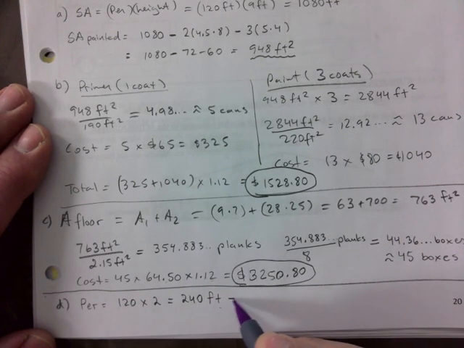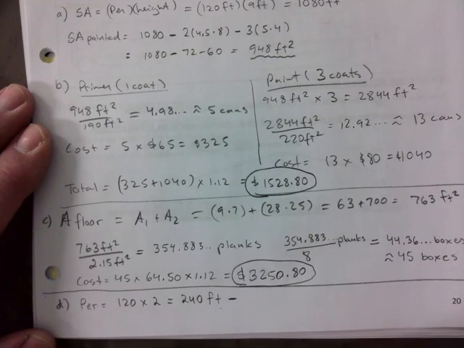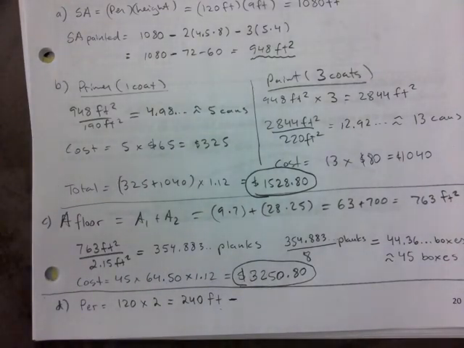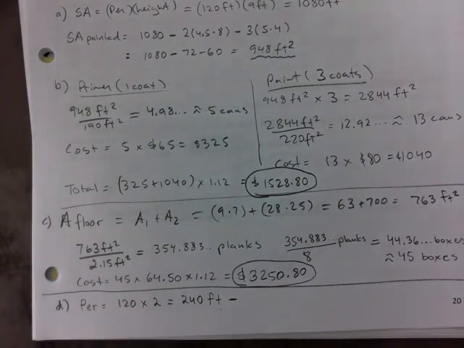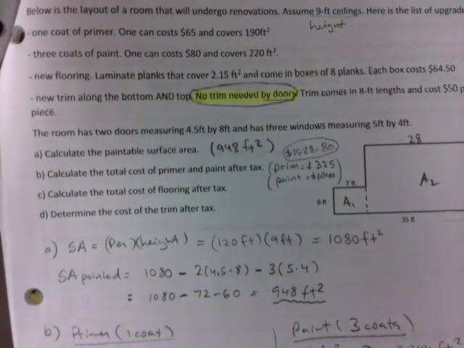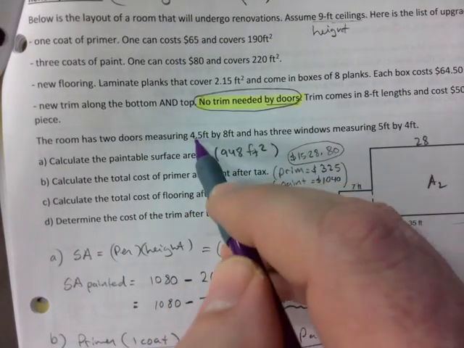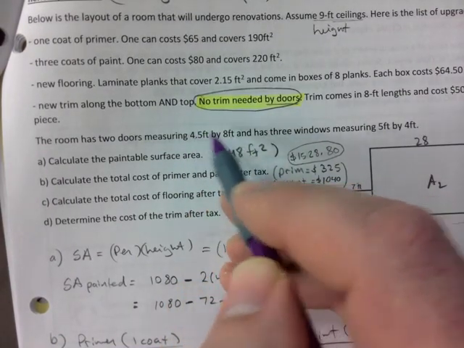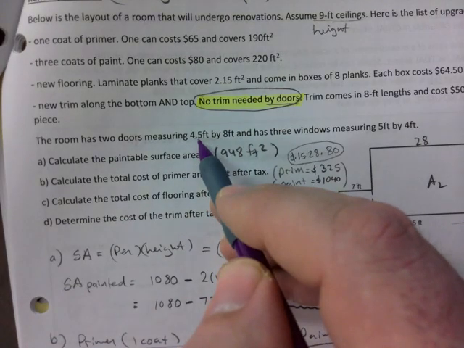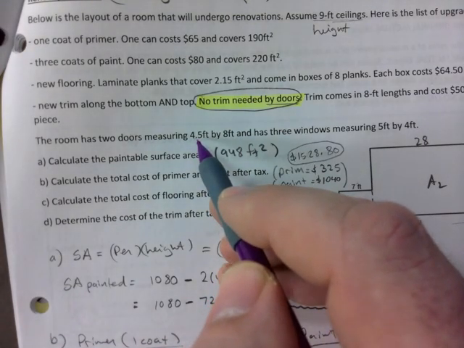We're going to go minus, and here's where you probably have a good point. Which one should I take away from the door? So if you go back to the door dimensions here, which of these two numbers would you subtract? I would say go with this one, because the door is always taller than it is wide.